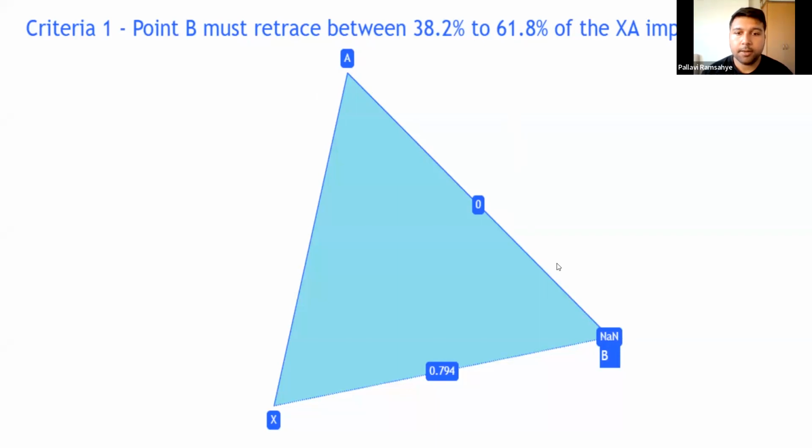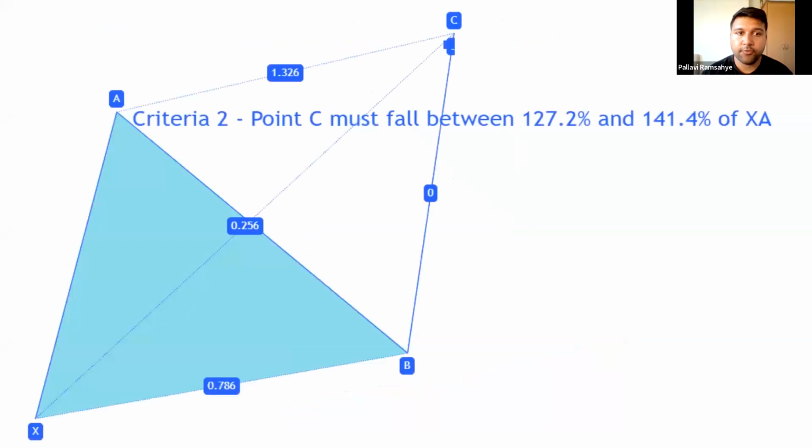Then we move on to criteria 2, which is point C. We're looking for price to go from point B and extend between 127.2% and 141.4% of XA, XA again being the Fibonacci placement from the X point to the A point.